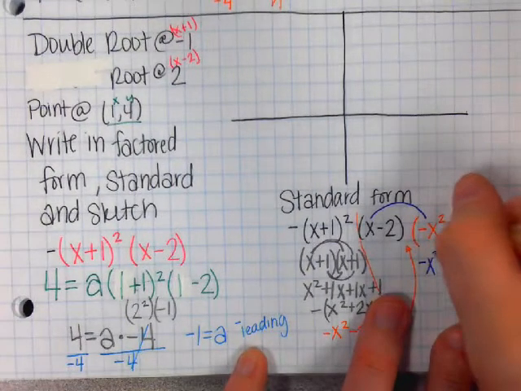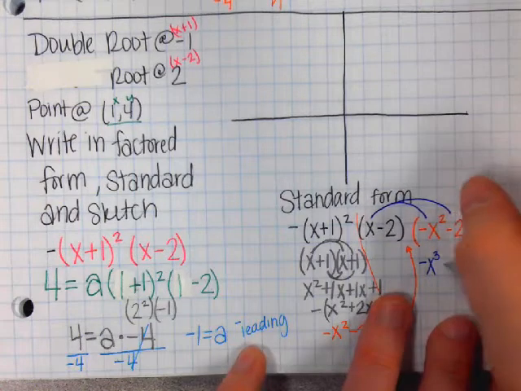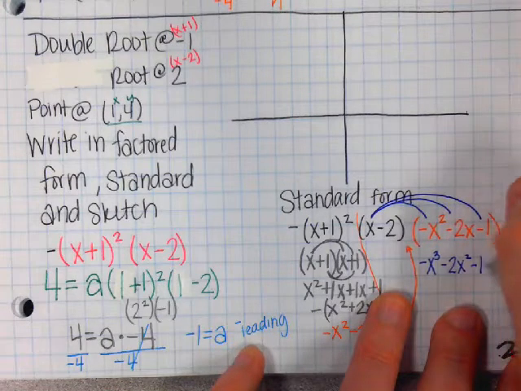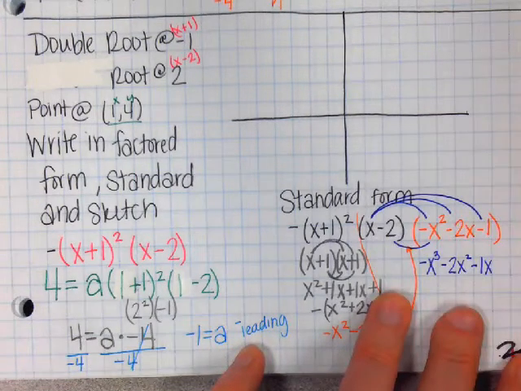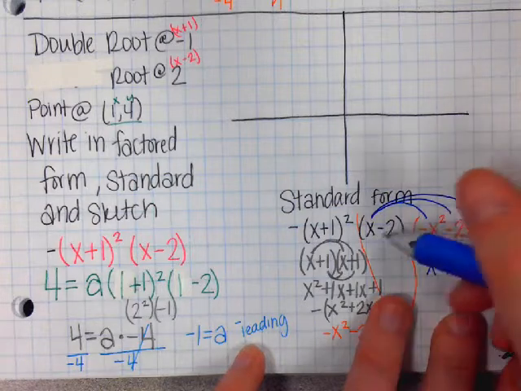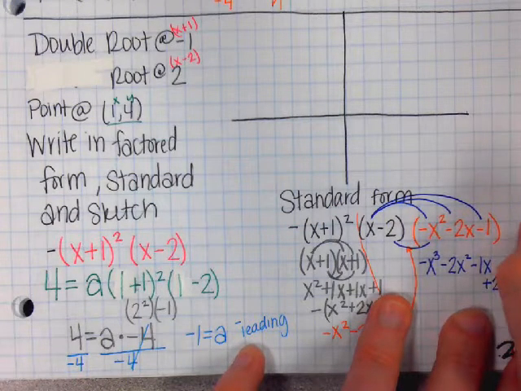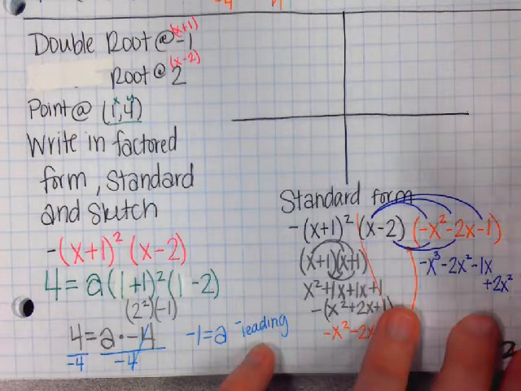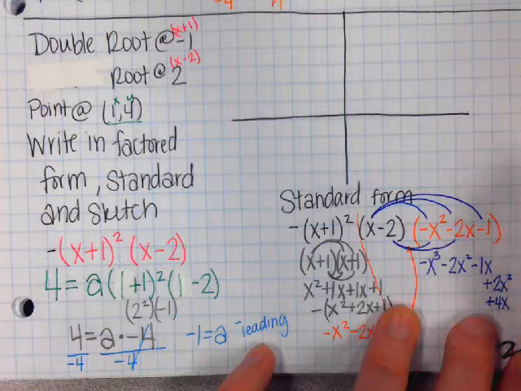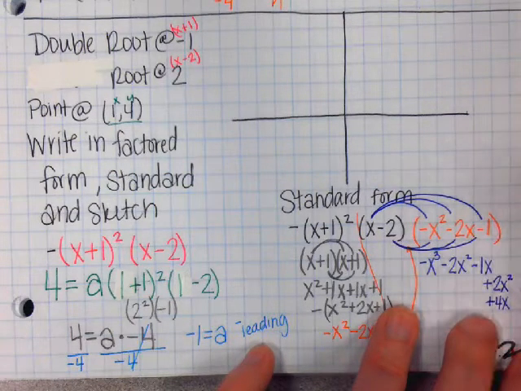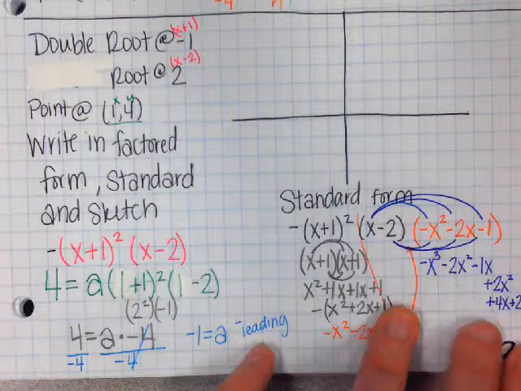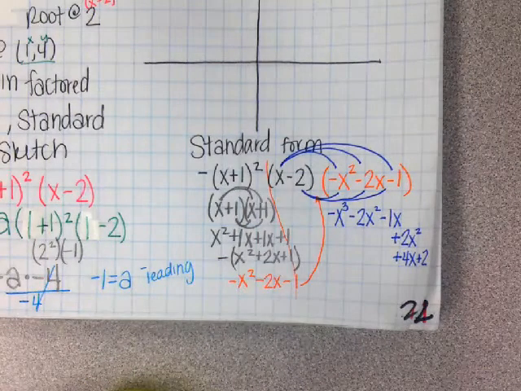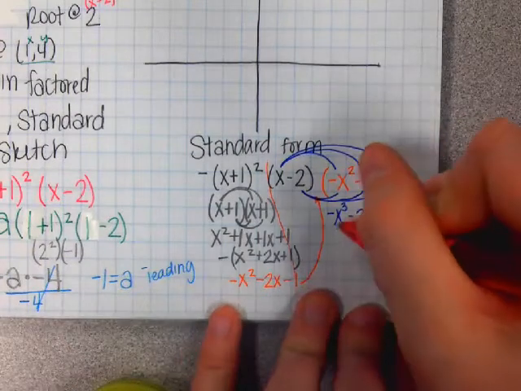Here we go. So x times negative x squared would be negative x cubed. x times negative 2x would be negative 2x squared. x times negative 1 is negative 1x. Negative 2 times negative x squared, a negative times a negative, would be a positive 2x squared. Negative 2 times negative 2x would be positive 4x, and negative 2 times negative 1 would be a plus 2. Okay.